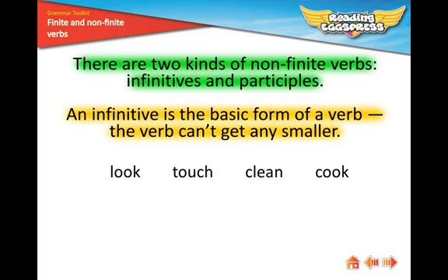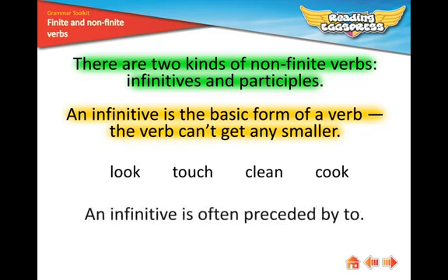Some others might be hear, smell, laugh, fly. They're examples where the verb can't get any smaller. An infinitive is often preceded by to. So we have to look, to touch, to clean, to cook.